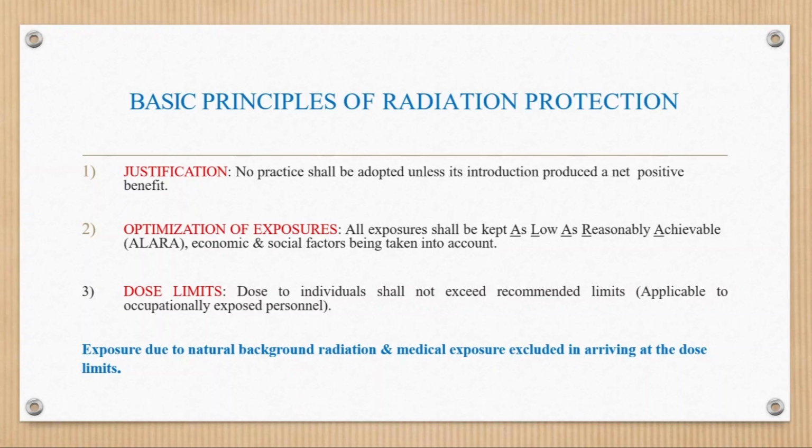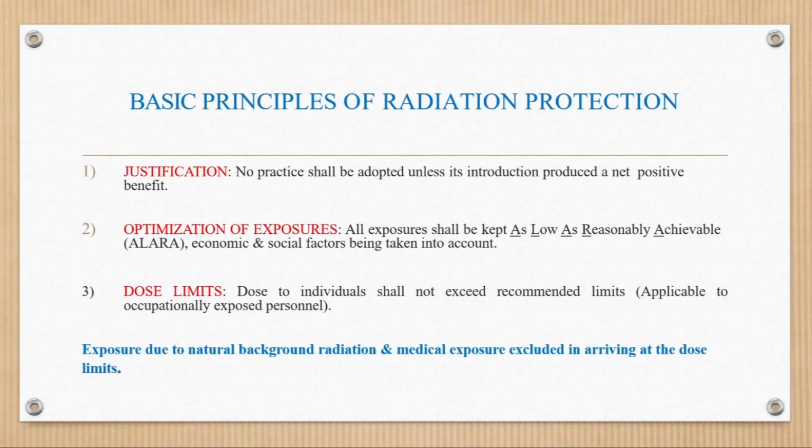Then the third is dose limits. As I said, from the data it has been understood that there are some radiation limits which are safe for humans, annual dose limits. The dose to individuals shall not exceed recommended limits, and these recommended limits are obtained from regulatory bodies. There are national regulatory bodies and international regulatory bodies.